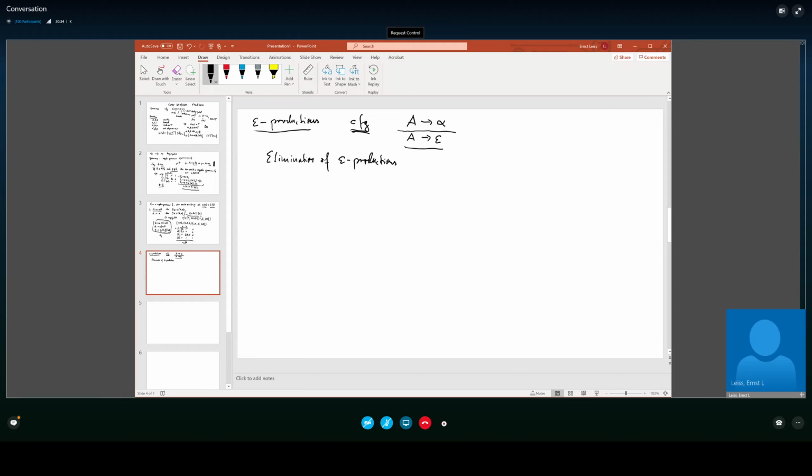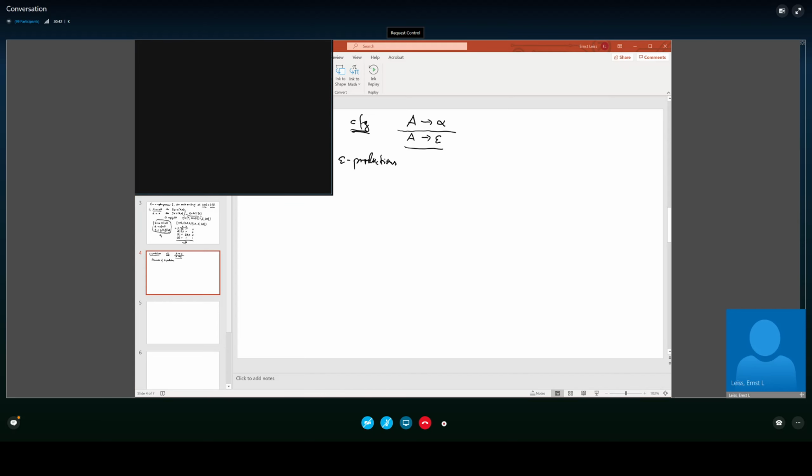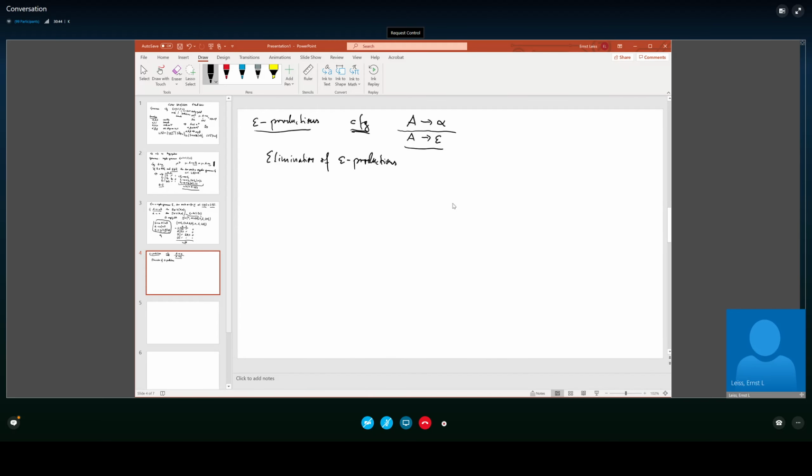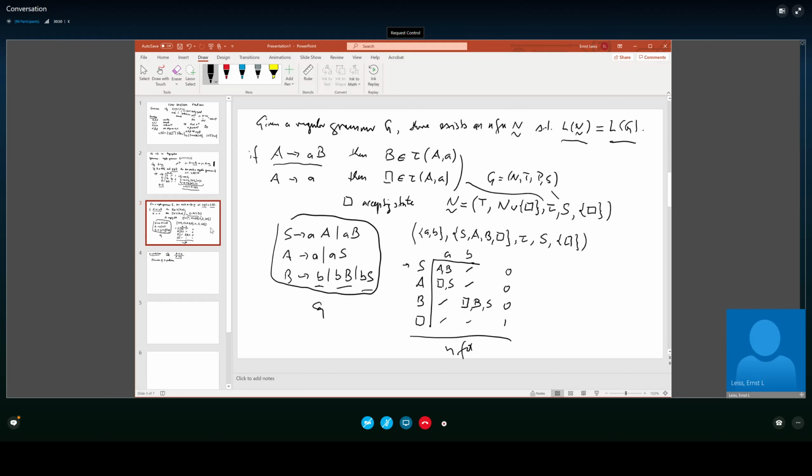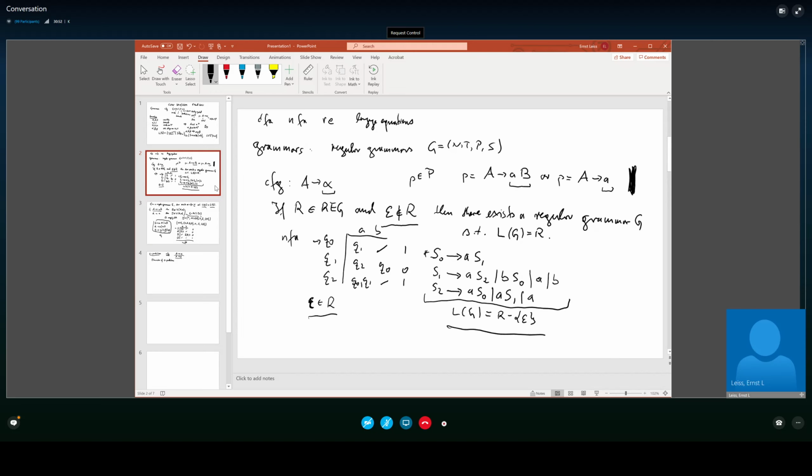Now, that, of course, is an issue that is a little bit fraught, because we have already seen in the case of the construction of a regular grammar for a given finite automaton that we can generate everything except the epsilon.